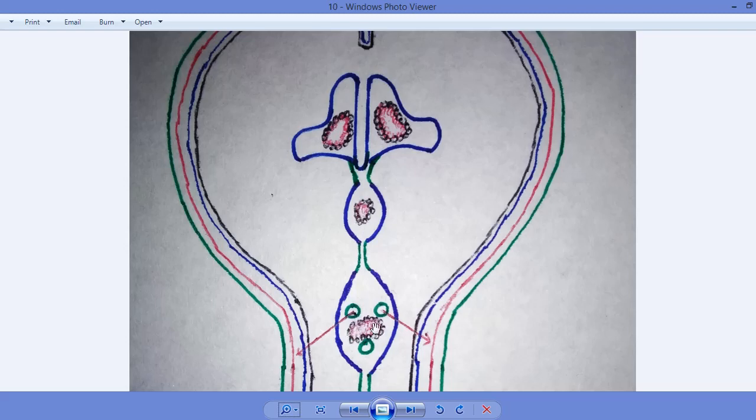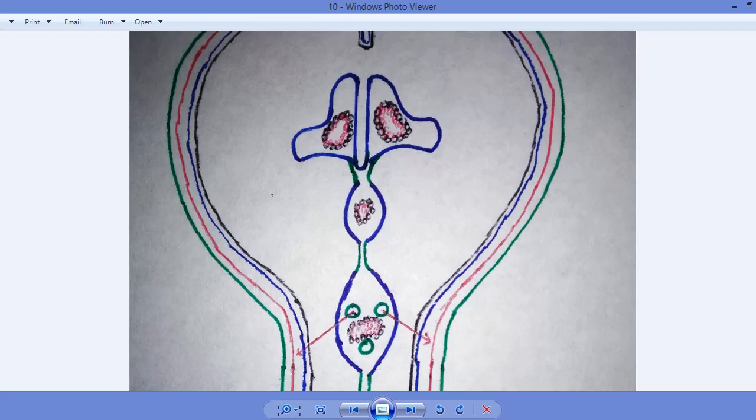These are found in the third ventricle, the fourth ventricle, and the lateral ventricles. All four ventricles contain bunches of capillaries, and these are called the choroid plexus. So the formation of the cerebrospinal fluid occurs by the choroid plexus.